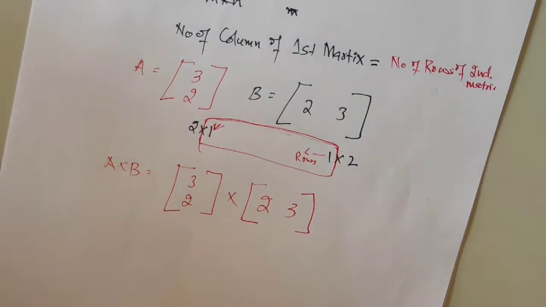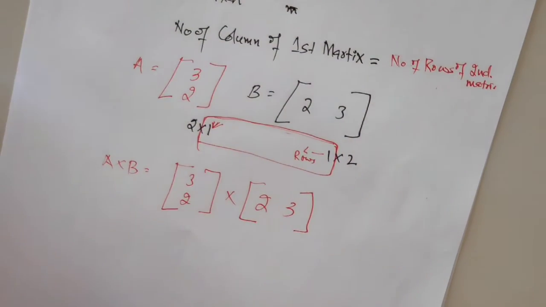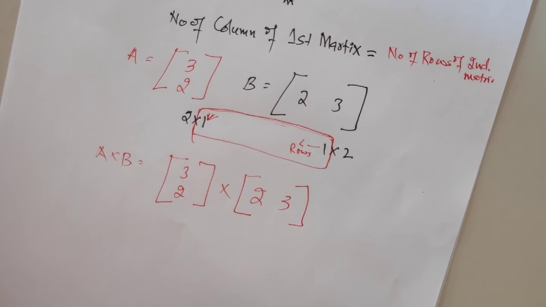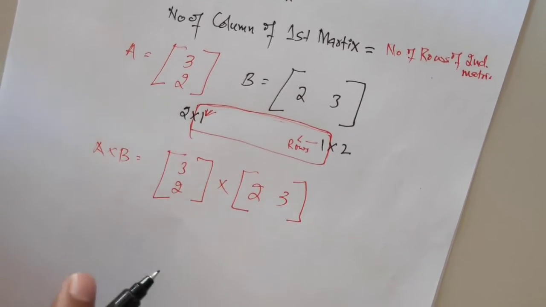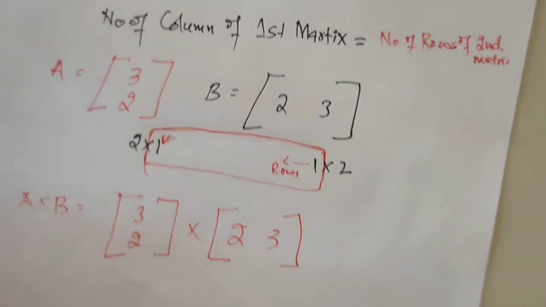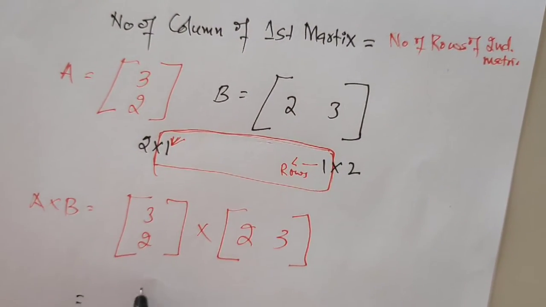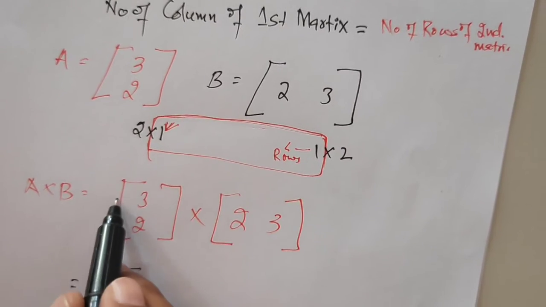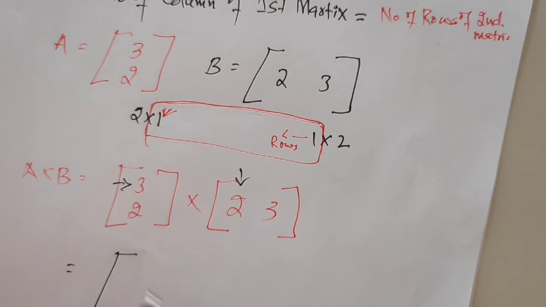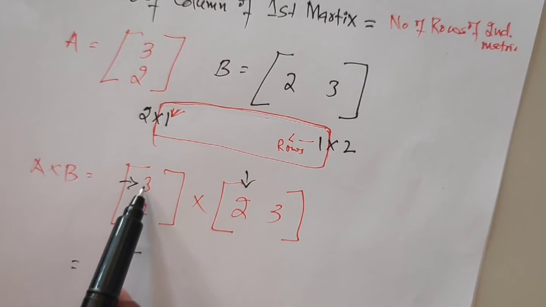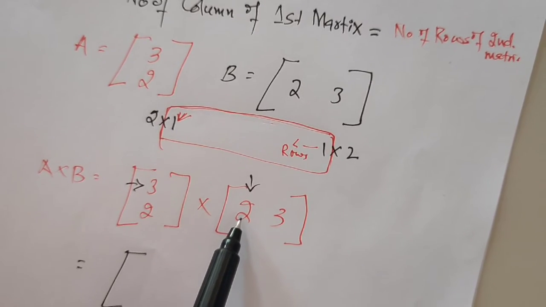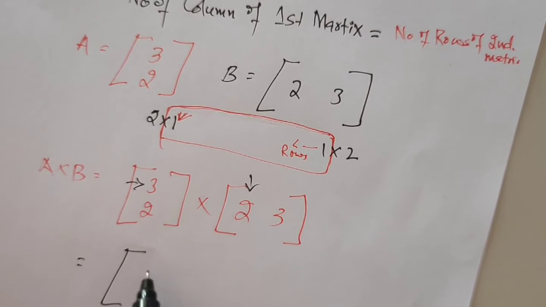When you multiply, you should know to take the rows of the first matrix and multiply them with the columns of the second matrix. Here the first row is multiplied with the first column of the second matrix. There is only one member in this row and only one member in the column, so it is simply 3 multiplied by 2.